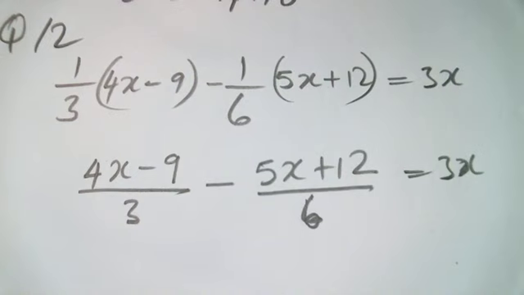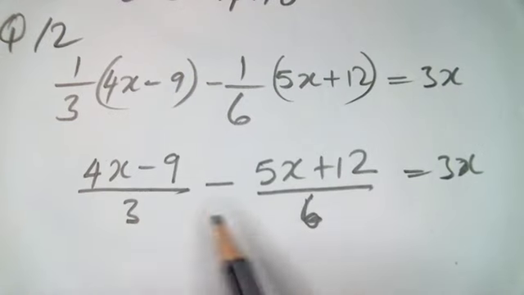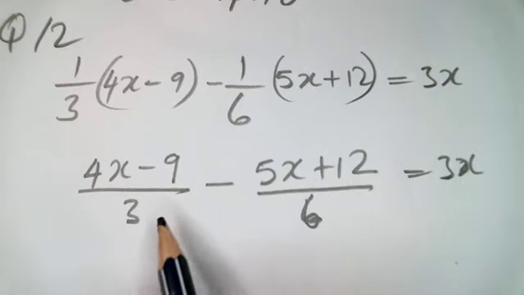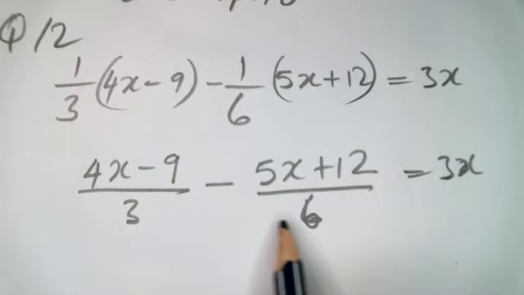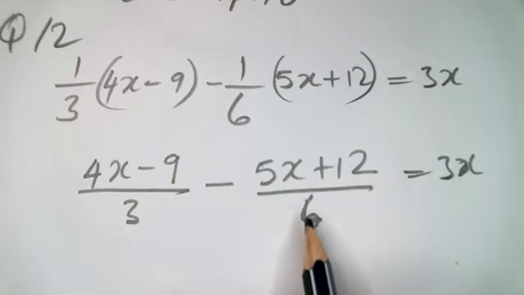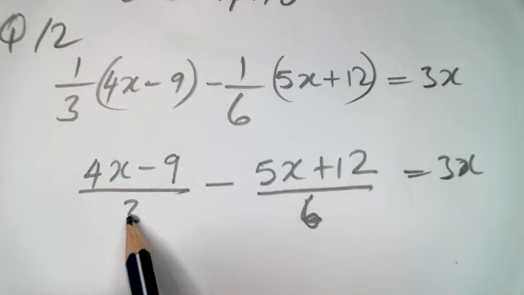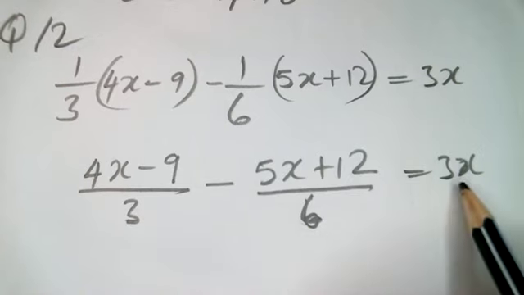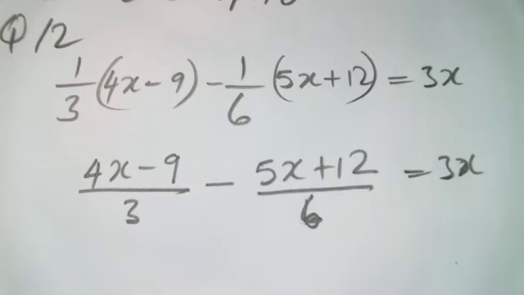But of course, to get rid of fractions, we just simply multiply by the denominator. And in this case, we've got two different denominators, but they do have common factors. So if I was to multiply by 6, we would get rid of this in one go and this in one go. And this would just be a little bit bigger. Let's go ahead and do that.